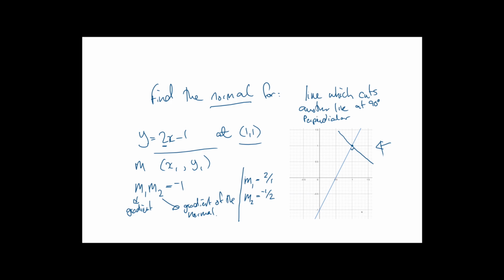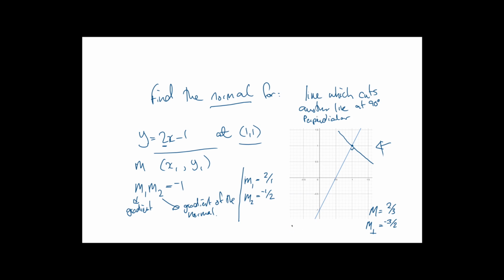So if we had a tangent where the gradient was 2 over 3, the gradient of the line which is perpendicular to that (the little symbol there, the upside down T, means perpendicular, it looks like a right angle) is going to be 3 over 2, but -3 over 2.